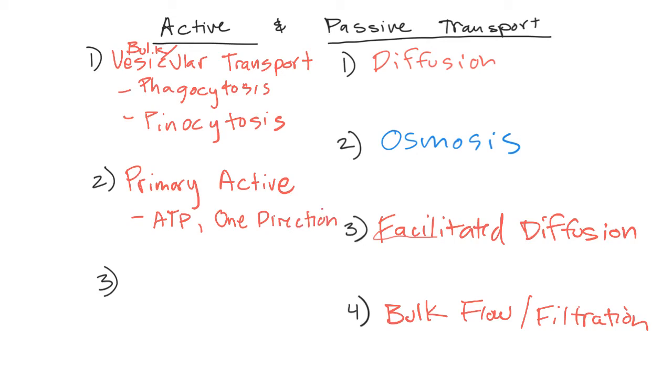I thought primary active would go against the flow. It is. It's still going against the concentration gradient, but just one thing at a time.